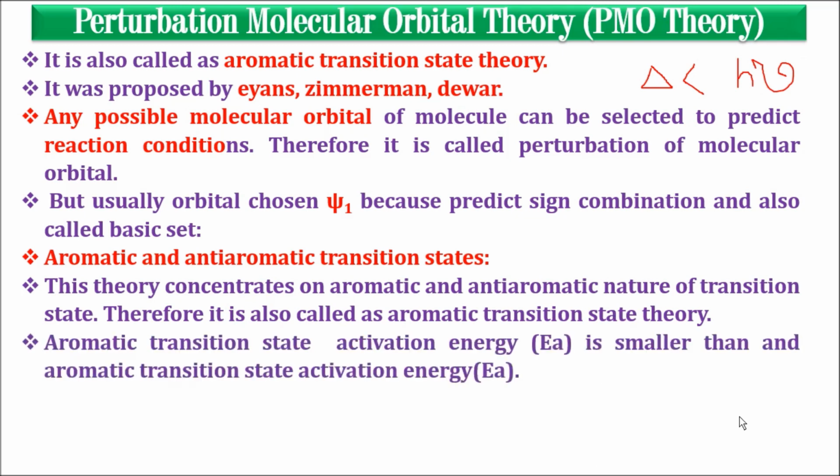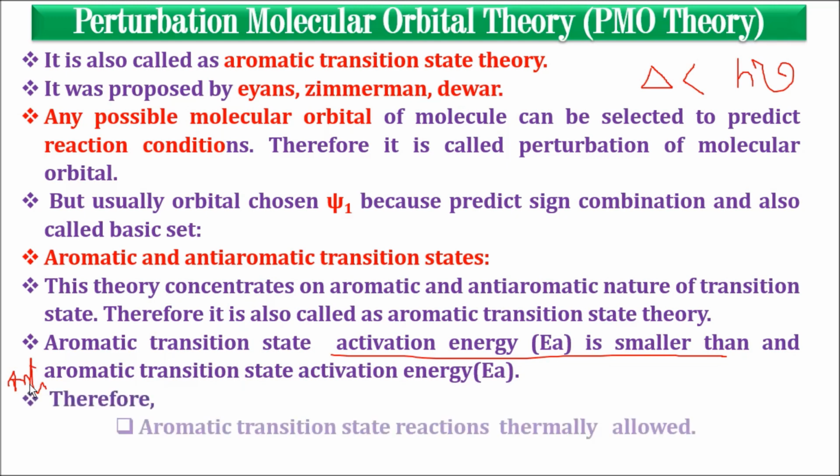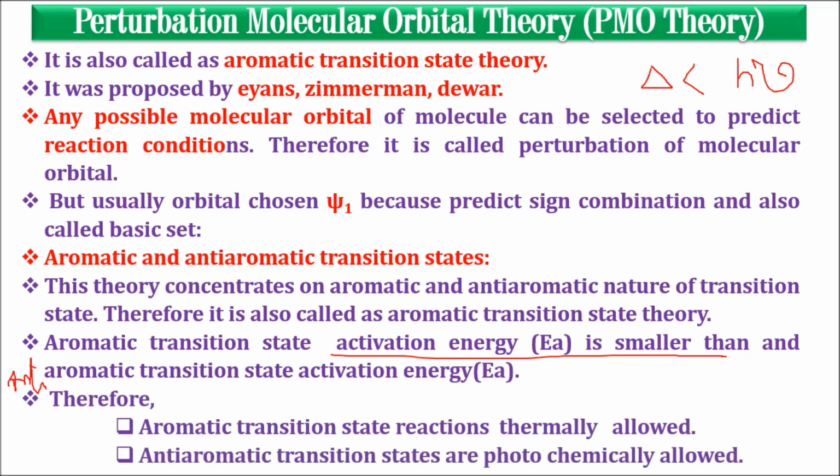So the aromatic transition state activation energy is smaller than the anti-aromatic transition state. That means an aromatic transition takes place under thermal condition, whereas an anti-aromatic one takes place under photochemical condition.